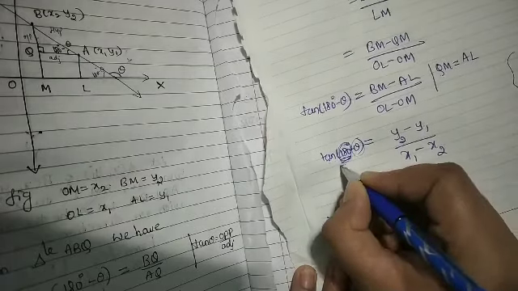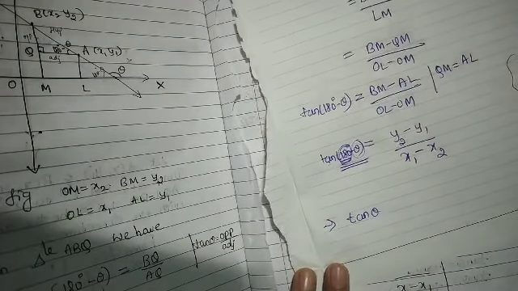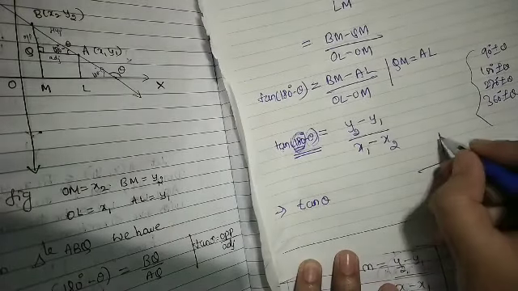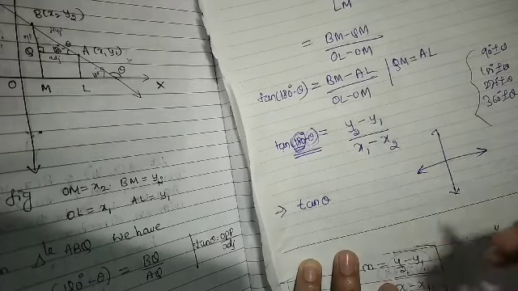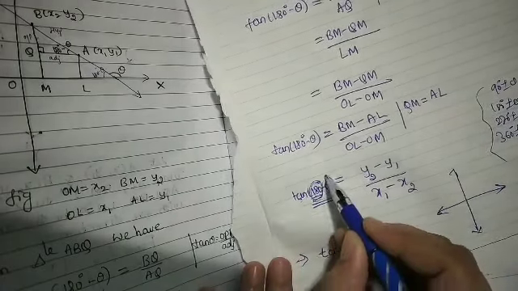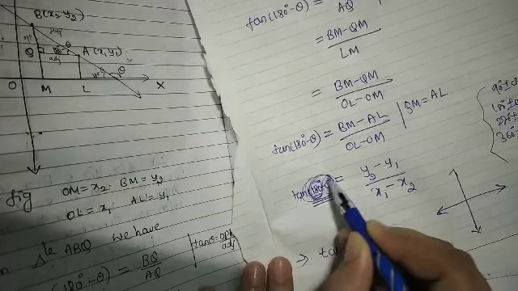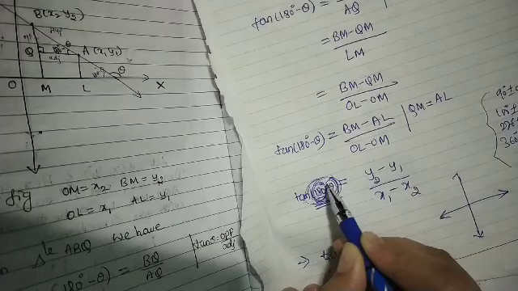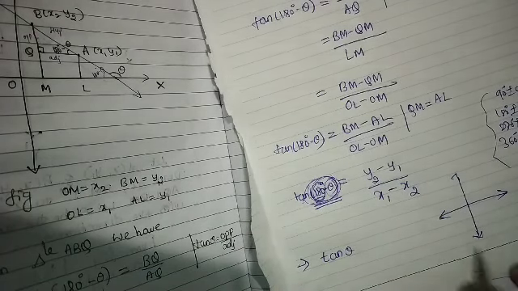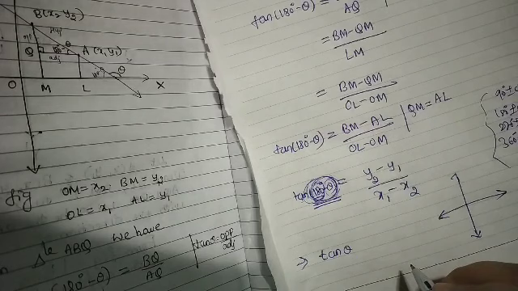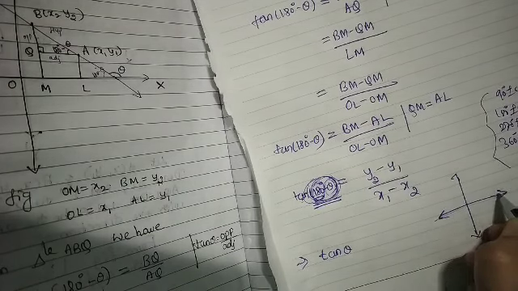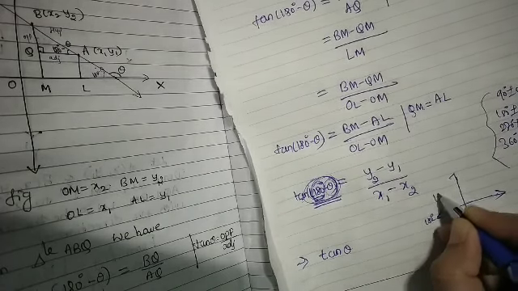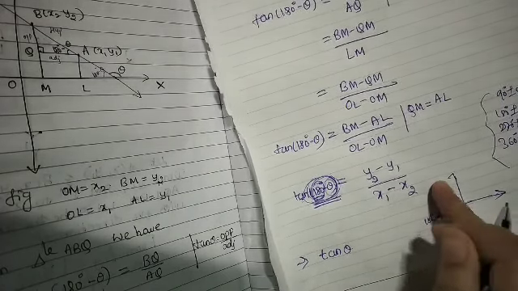The second condition is that the sign is taken according to the quadrant rule, the ASTC rule. 180 degree minus theta, the whole angle, lies in which quadrant? That 180 degree minus theta is nothing but the second quadrant.